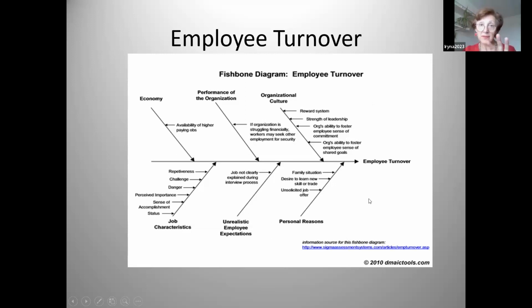So if you have this picture, if you have a fishbone of your problem, the potential for making a mistake is decreasing. For example, you may start working on, I don't know, the location of the company and relocate it to a better place, and this is costly. But then you see turnover is still high.